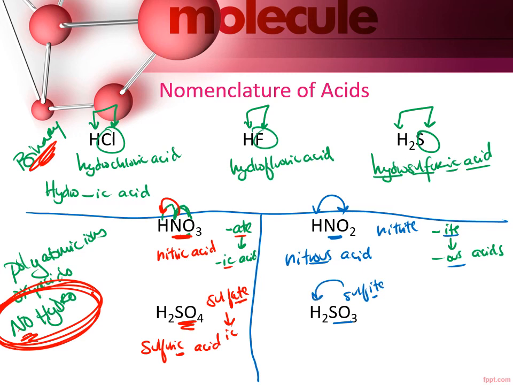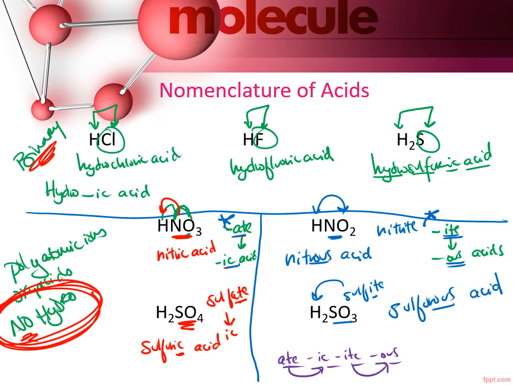When I throw some hydrogens in front of sulfite, it turns into sulfurous acid. Ite to ous, ate to ic. Memorize that. Happily, it kind of goes in alphabetical order: ate, ic, ite, ous. Ate turns into ic, and ite turns into ous when you have polyatomic ions with hydrogens in front of them.